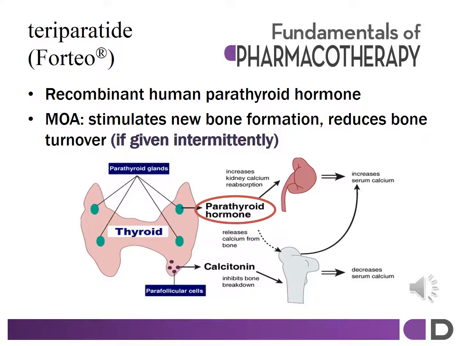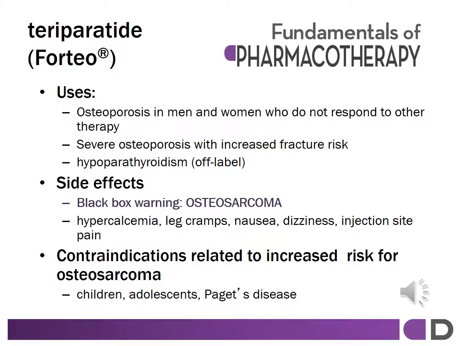Another option is Forteo or teriparatide. This is a recombinant parathyroid hormone found in our body. This drug stimulates new bone formation. Forteo can be a very effective medication, but it is reserved for the highest risk patients, those patients who have osteoporosis who have not responded to other therapies or have severe osteoporosis with high risk factors.